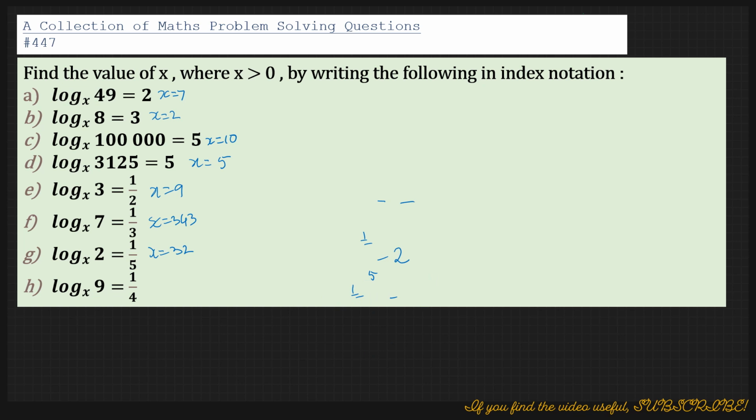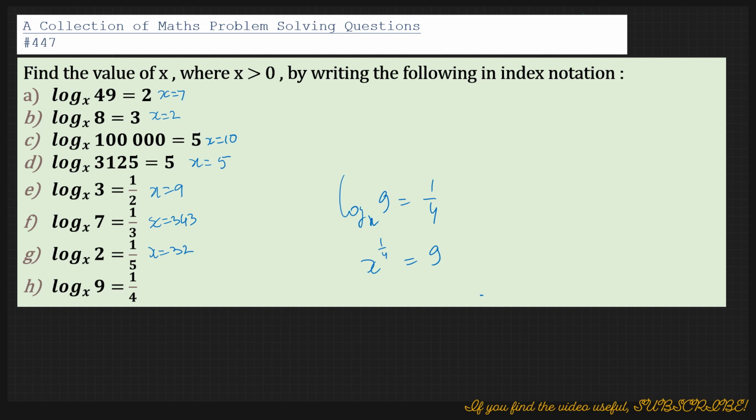And the last one, we do x to the power 1 out of 4, or you write again log to the base x of 9 is 1 out of 4, so x to the power 1 out of 4 is 9.